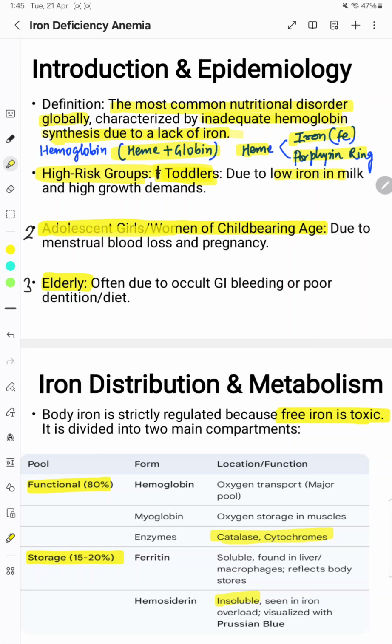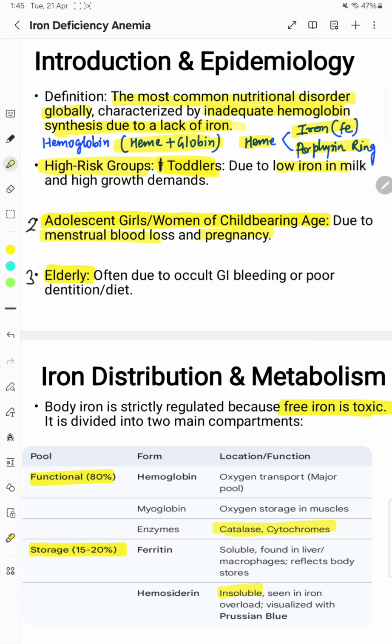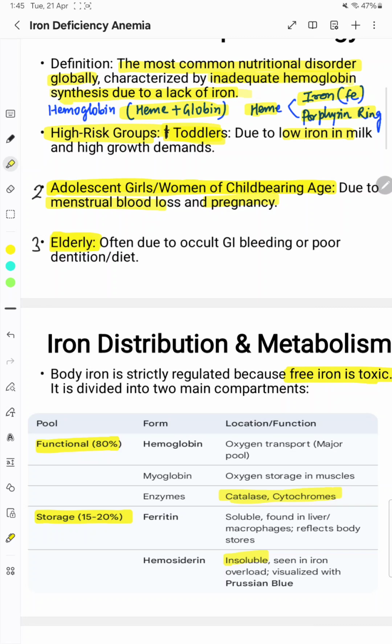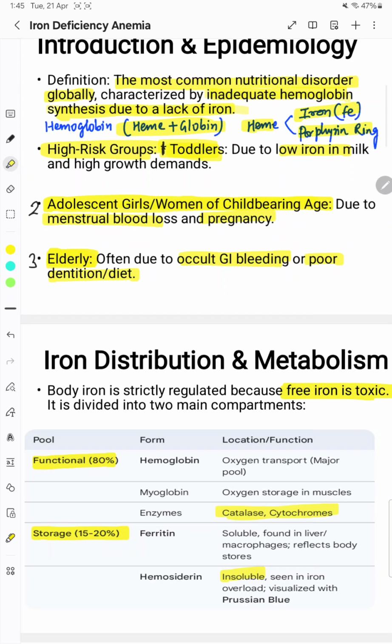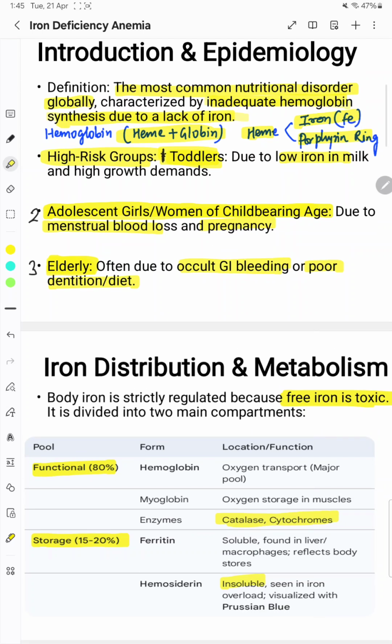Second group is adolescent girls and women of childbearing age, due to blood loss in menses and pregnancy. Third, elderly individuals, often due to occult GI bleeding or poor dentition or diet. So these are the three high risk groups for the development of iron deficiency anemia.